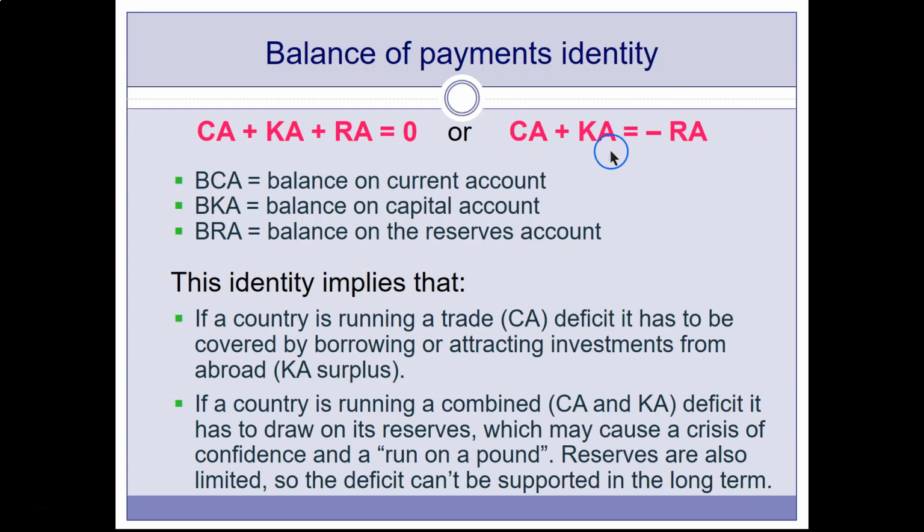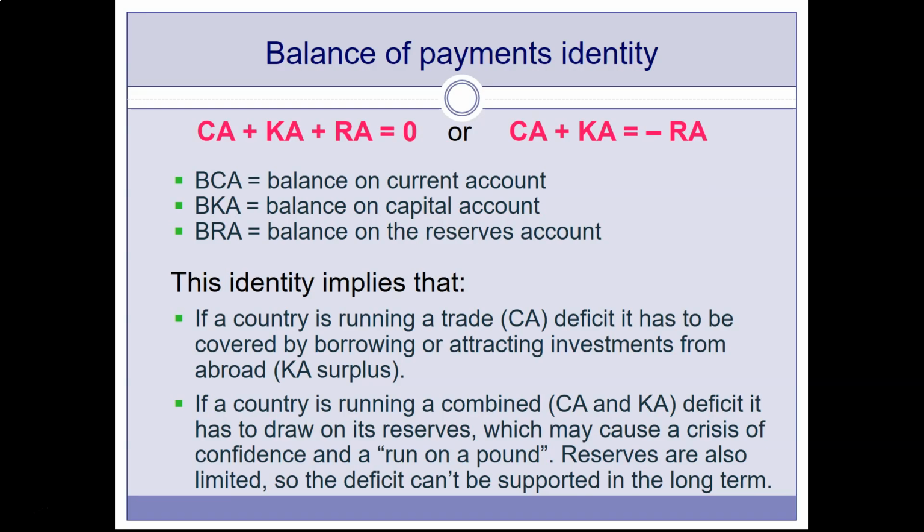We are spending more money than we have, we are not attractive for foreign investors, so we cannot even sell our assets to cover this, because foreign investment simply implies that you sell, for example, shares of British companies to foreign investors. If we cannot sell shares to cover our trade deficits, this combined deficit will need to be covered by drawing on reserves. We will need to use available reserves.